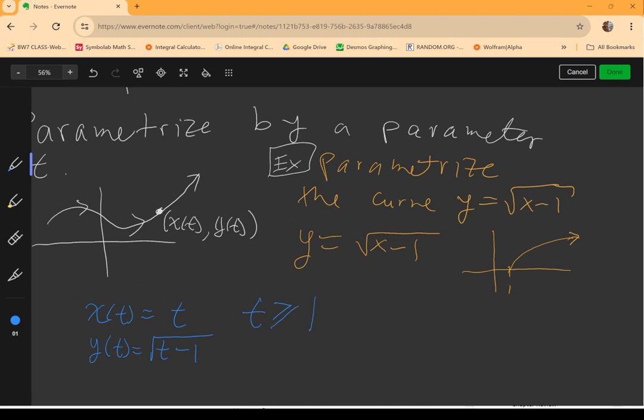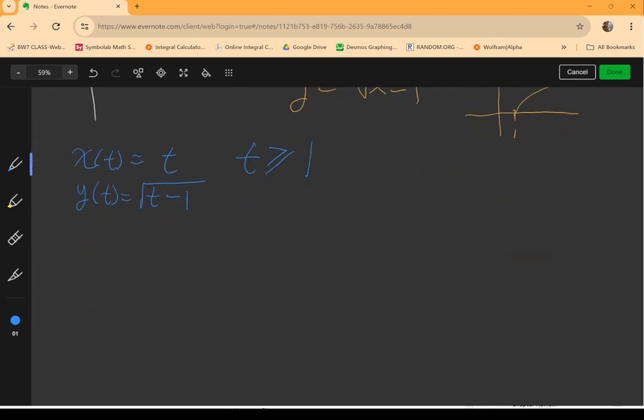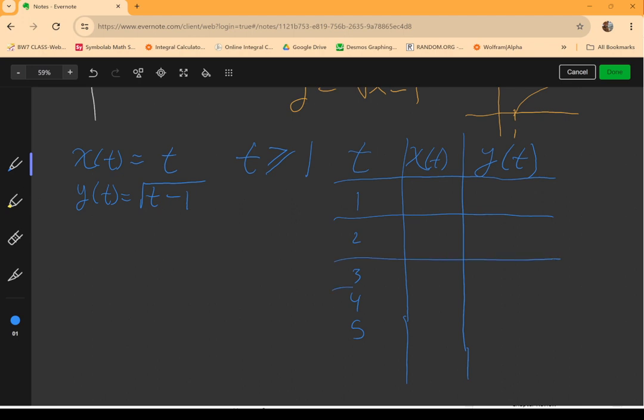Okay, and now I can set up graphing. I can start by just inputting a bunch of values here. What is different here is that we're just plotting points. I'll start with t equals 1, 2, 3, 4, 5. Here the x is not much, it's just the same value as t.